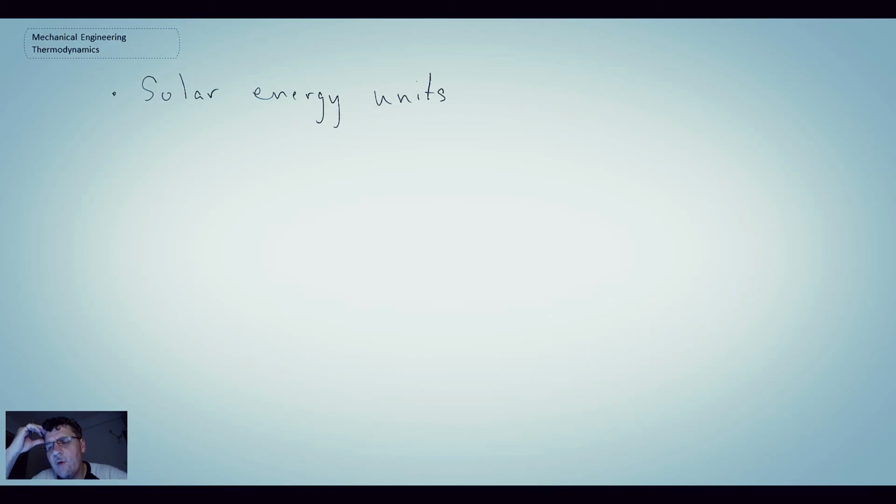But when I'm talking about solar, I'm not talking solar photovoltaic. I would be talking about solar thermal systems that could either generate thermal energy for household use or industrial use, or it could also generate power, so mechanical work as well as thermal energy. So that's what we're referring to there when we talk about solar energy units.